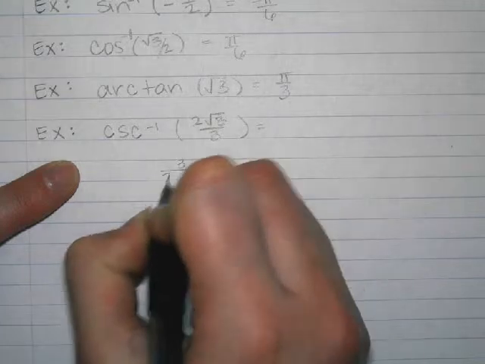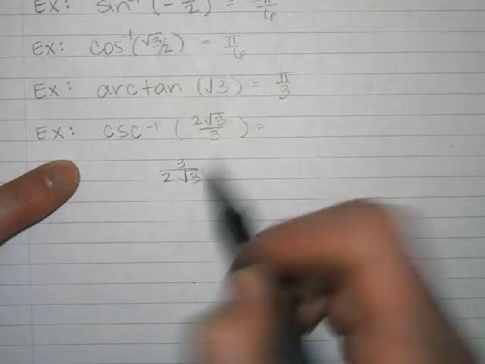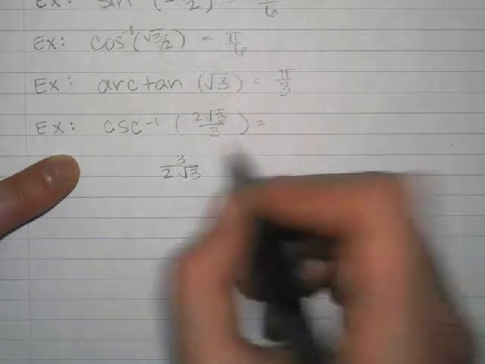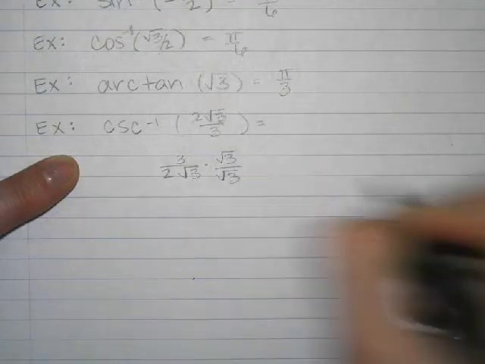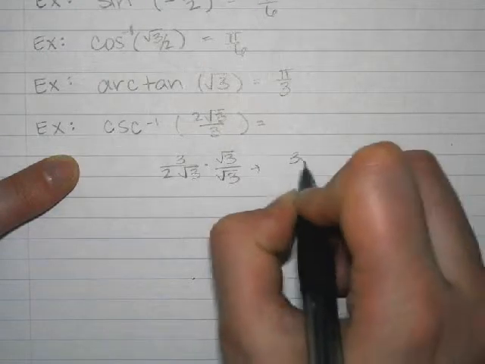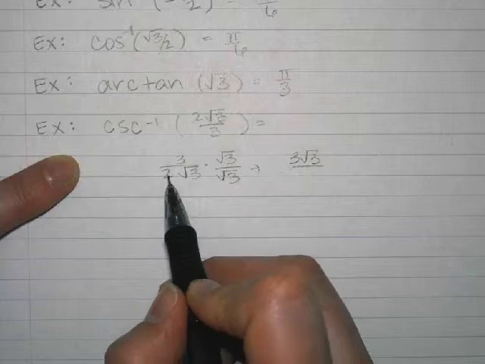That's 3 over 2 times the square root of 3. And how do I fix that fraction so the square root is not on the bottom? So square root of 3 on top, square root of 3 on bottom. And so on the top we have 3 times the square root of 3. On the bottom we have 2.